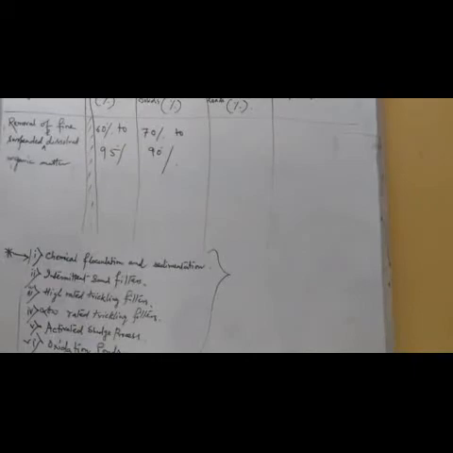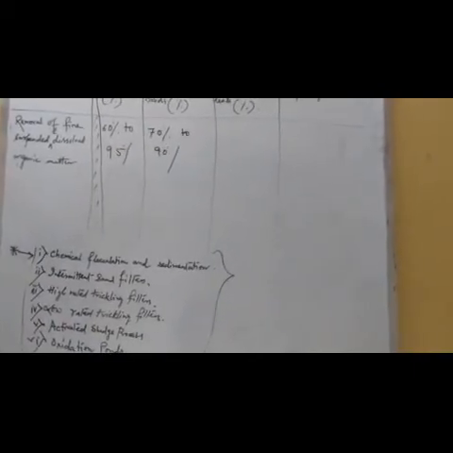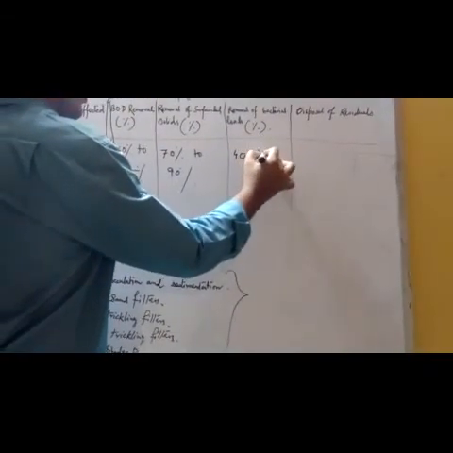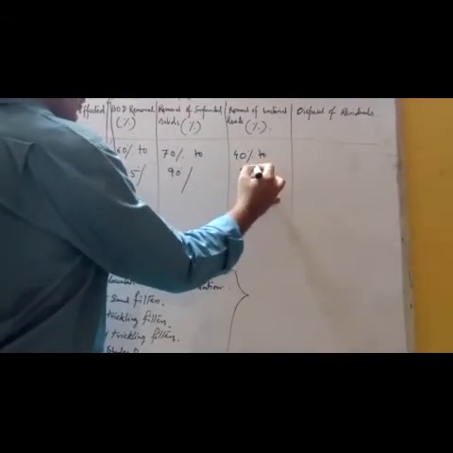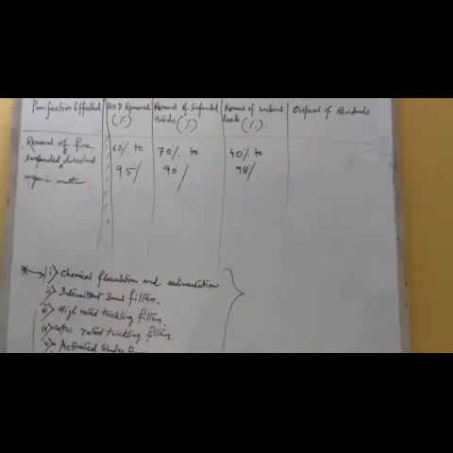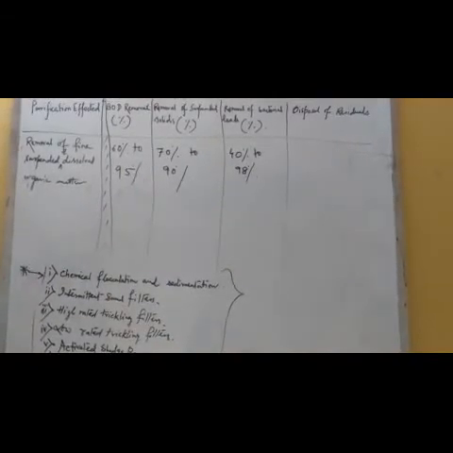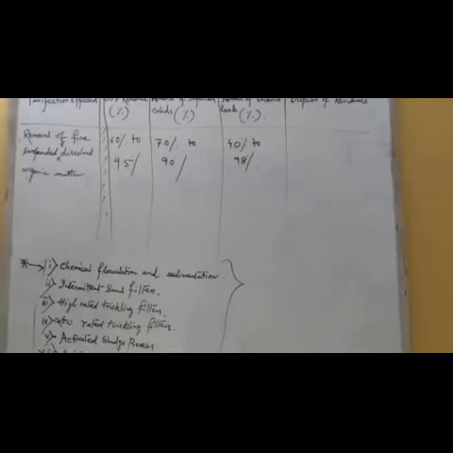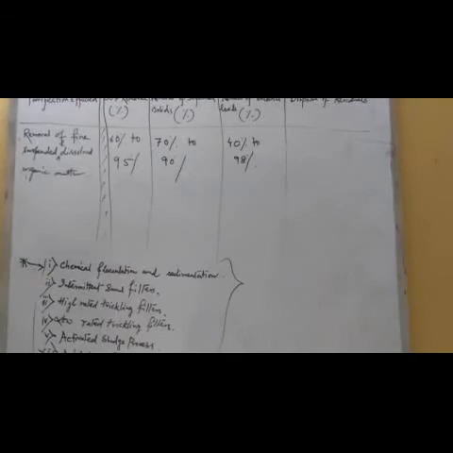And what is the removal of bacterial load? At an average, that is 40% to 98%. Because when you use filters, it removes the bacterial load almost with full efficiency. So it is 40% to 98%.